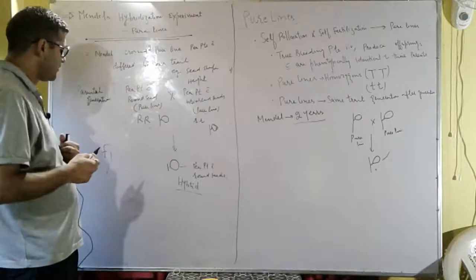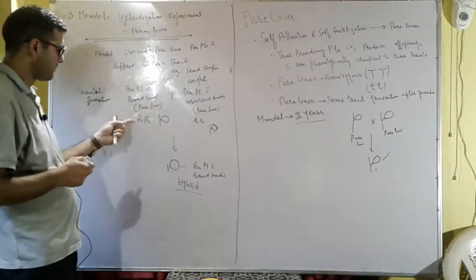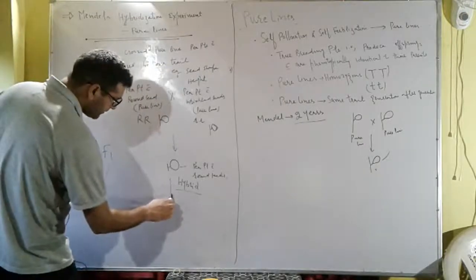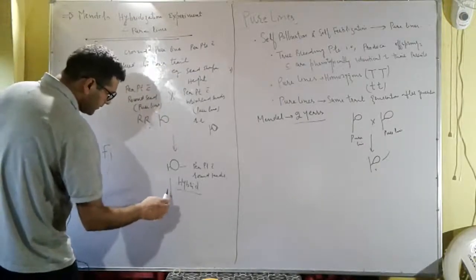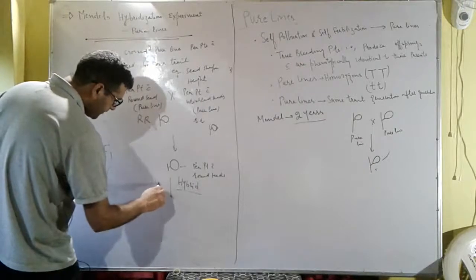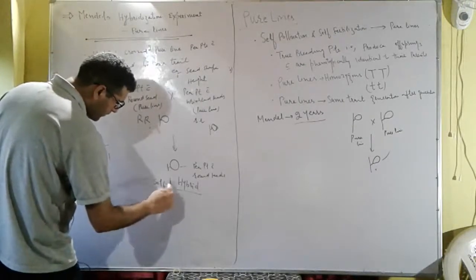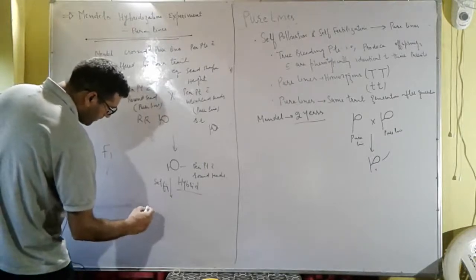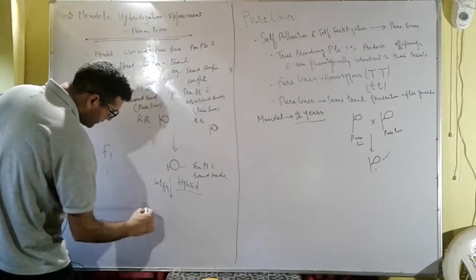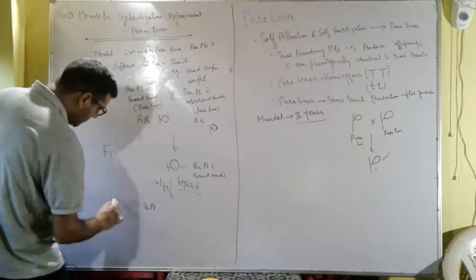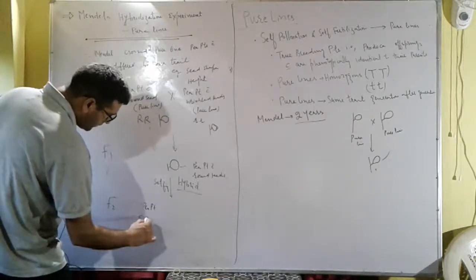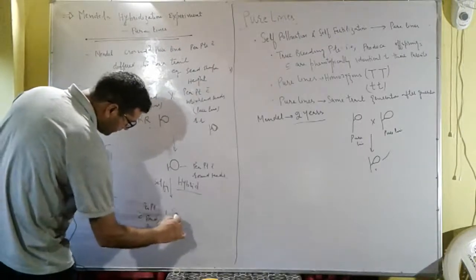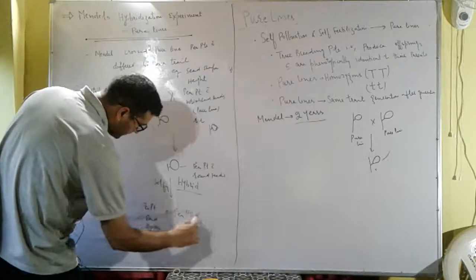And in the next generation, when these F1 plants were selfed, in the F2 generation he obtained pea plants with round seeds and pea plants with wrinkled seeds.